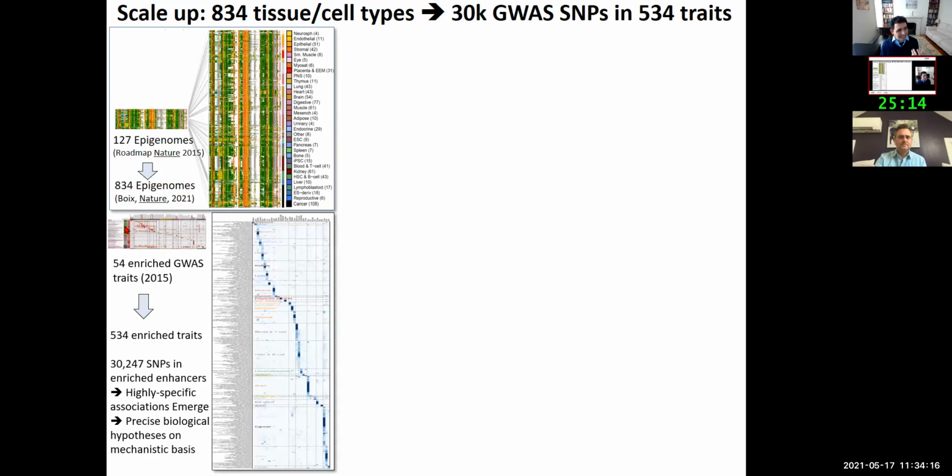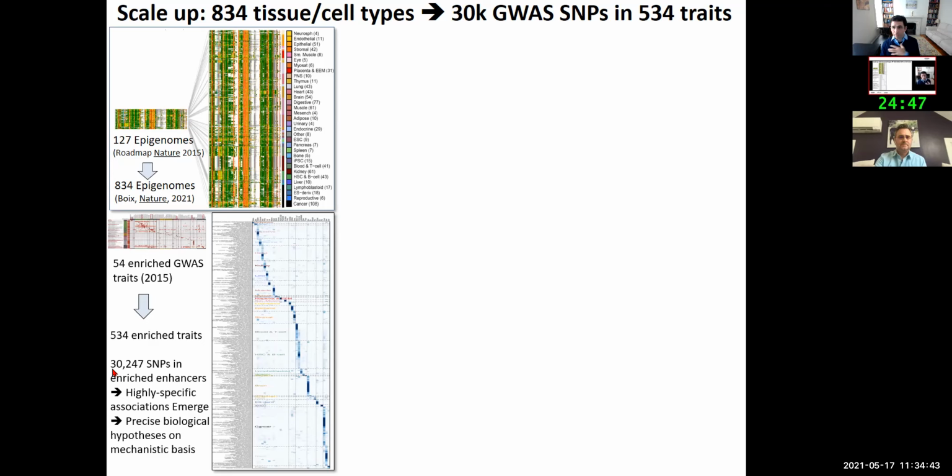That has allowed us to expand this matrix from 54 GWAS traits to 534 enriched traits, and to expand to 30,000 single nucleotide polymorphisms that are sitting specifically within enriched enhancers and are associated with diverse diseases and complex traits. This is a quarter of every single genetic region that has ever been associated with GWAS.